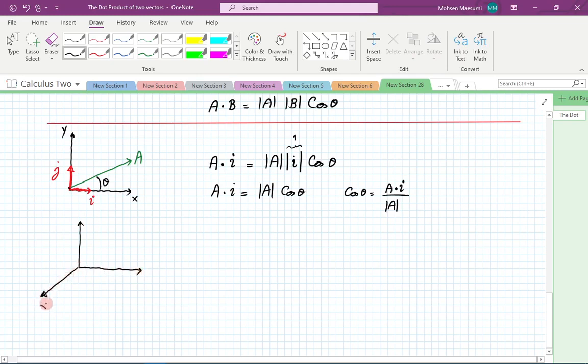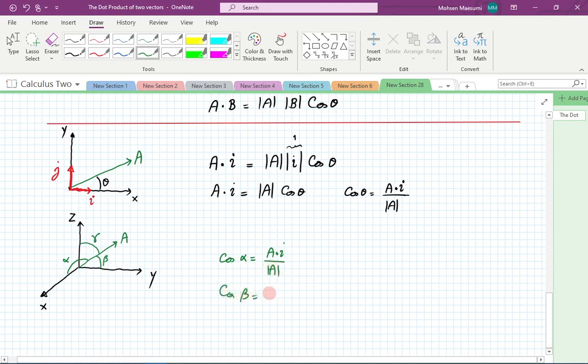Suppose I have a 3-dimensional situation here. So this is the x-axis, a y-axis, and a z-axis, and I still have my vector a here. Now this vector makes an angle with x, makes an angle with y, and makes an angle with z. So the situation becomes more interesting than in the 2-dimensional case. Typically these are referred to as angle alpha, beta, and gamma, and we have the same relationship as before. Cosine of alpha is a dot i over a.